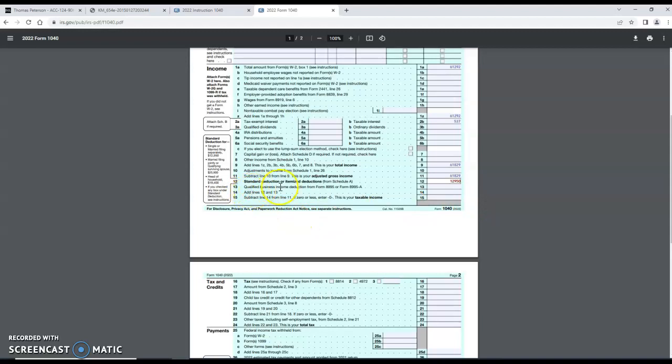He doesn't have any qualified business income deduction, so we add lines 12 and 13, and that's still $12,950. Line 15 is the total taxable income. It says subtract line 14 from line 11. And that's $48,870.